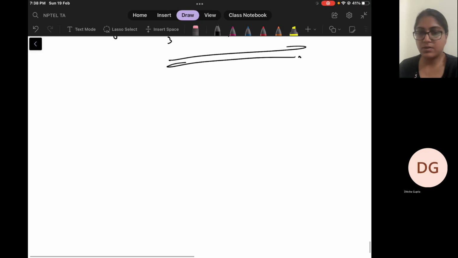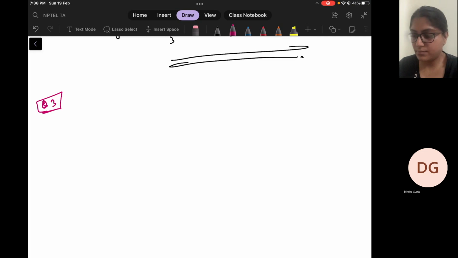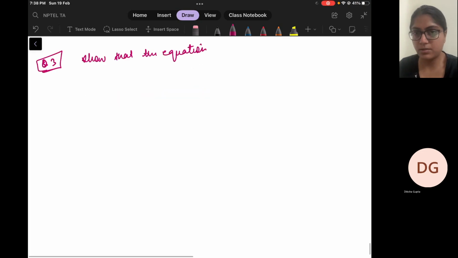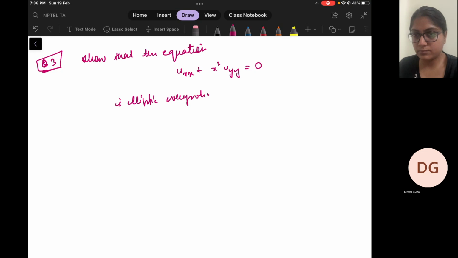Okay, so next question is, we'll try to do one question on the elliptic type of PDE. Question 3 is, show that the equation is elliptic everywhere except on the coordinate axis x is equal to 0.